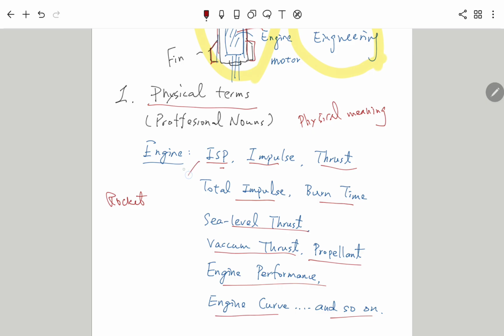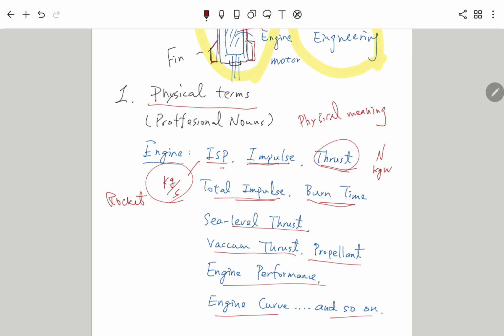For example, the ISP has units of kgs of s. What does that mean? Oh, we have impulse and total impulse. What's the difference? The thrust, I know it has a unit of force. We can have Newton or kgW.